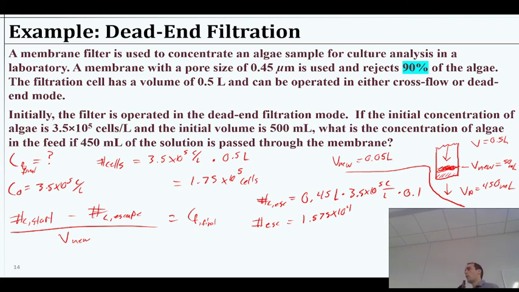We could probably go based on how many were retained, by the way, and just work the algebra a little different, do the mass balance a little different. We could probably do it that way too.